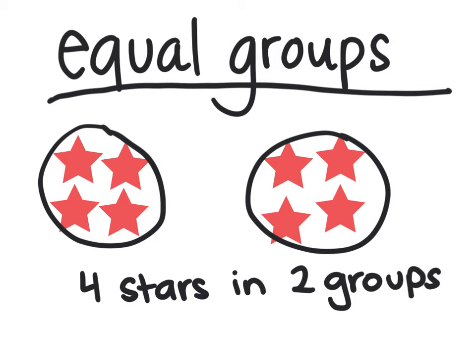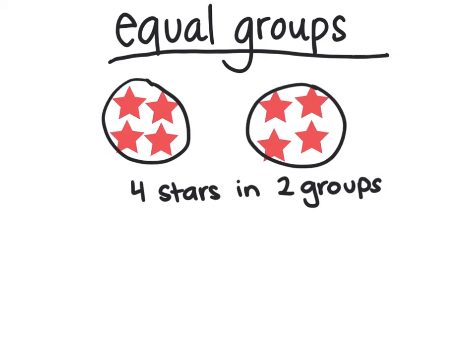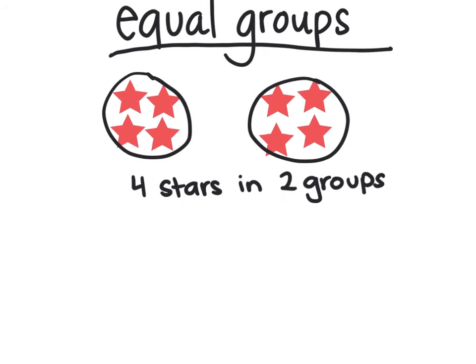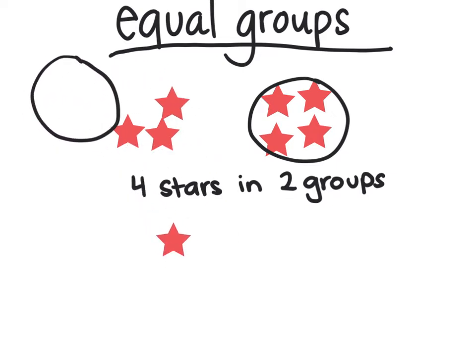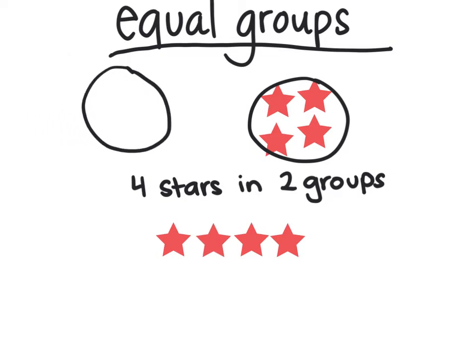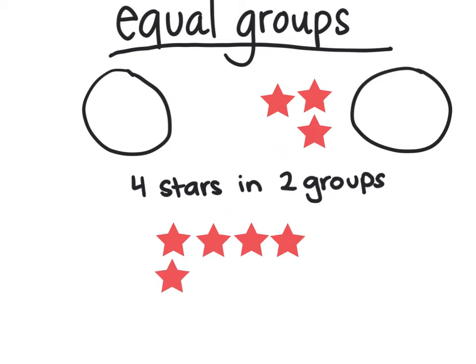Okay. Now I could also take these stars and put them into rows like we talked about last time. So I'm going to do that. Okay, so there's one row of 4. This is my row, my candy stars. And now my brother's row.